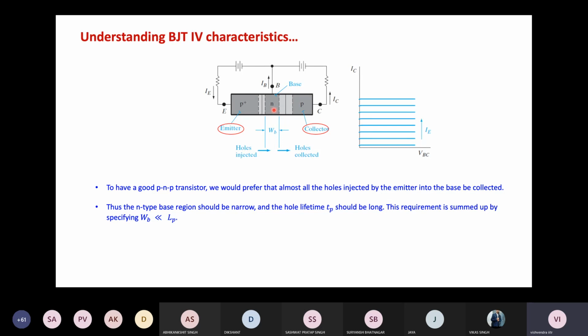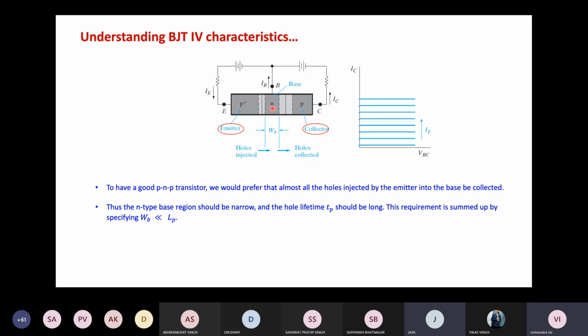In addition to that, there is also a mathematical relationship between the base current, or number of electrons injected, and the number of holes injected, and that depends on the relative doping of these two materials. So these two currents are also highly correlated.